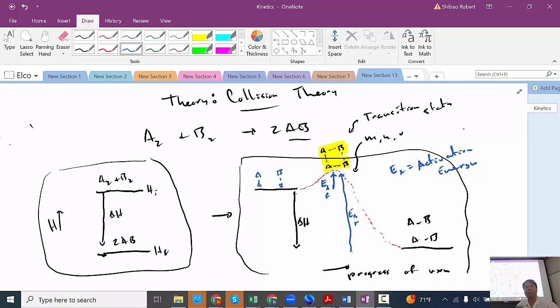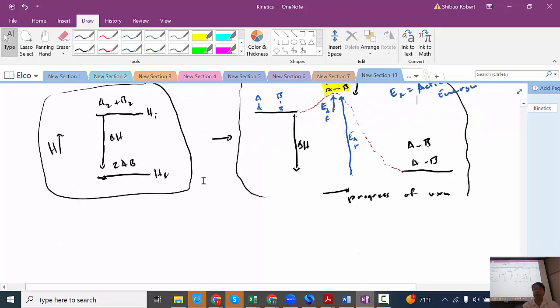So, in collision theory, there are two requirements that we have to satisfy for a reaction. One, we have to have the correct orientation.